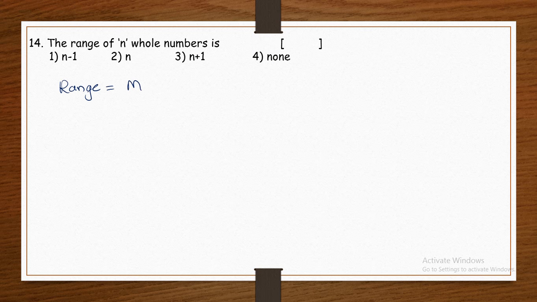So range is nothing but maximum value minus minimum value, right? So range of n whole numbers, so where does the whole number start from? So whole number starts from 0. Until how many whole numbers do I need to write? N whole numbers. So already the counting started from 0, right? Then what will be the nth whole number?